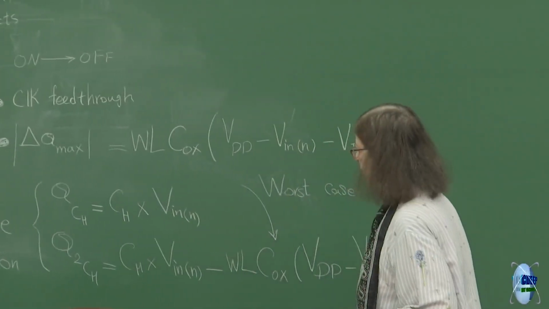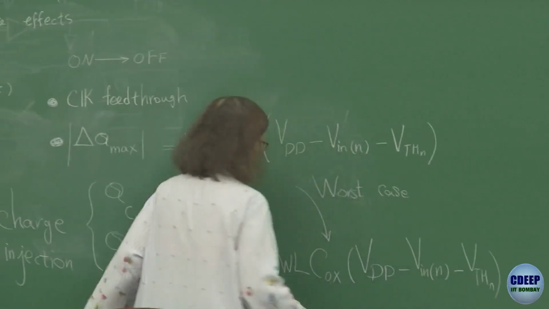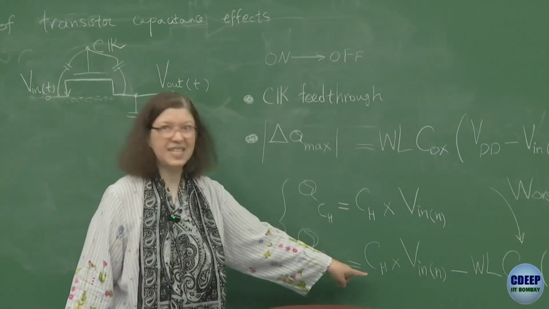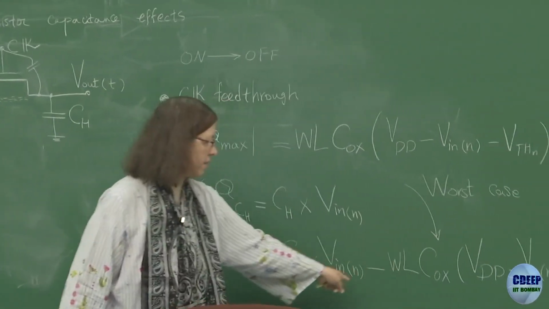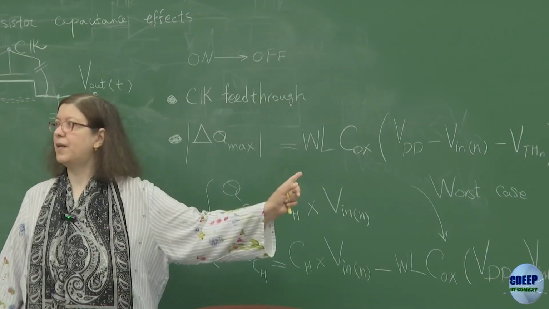Now if we organize this, it means that the effective value of CH now will be CH minus WL Cox multiplied by VE. And the rest is a constant value.